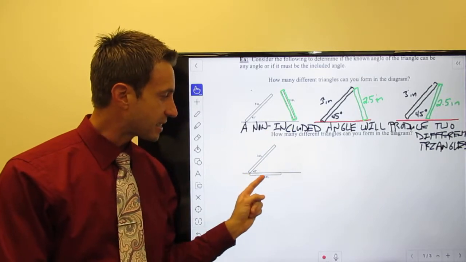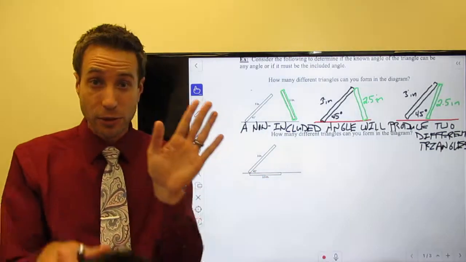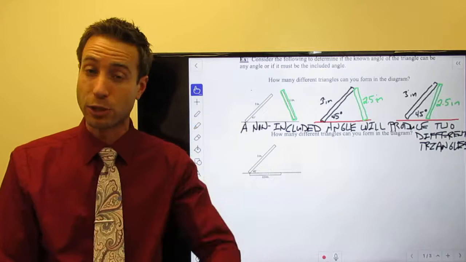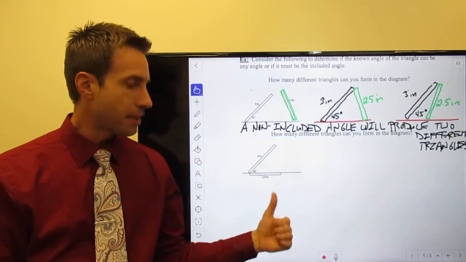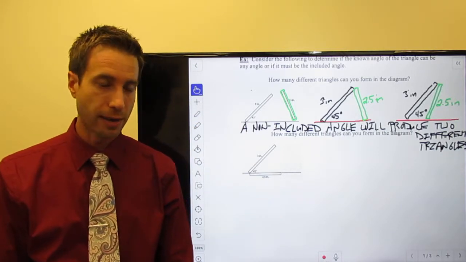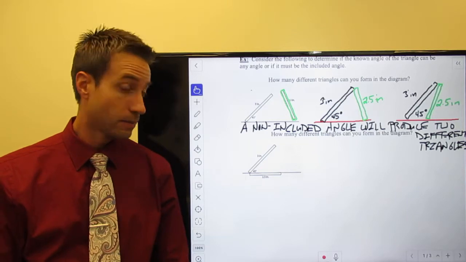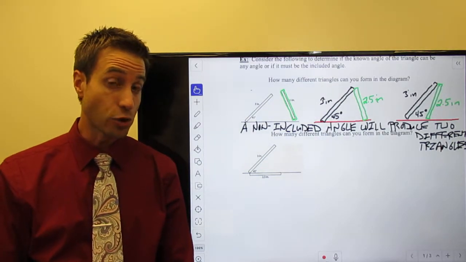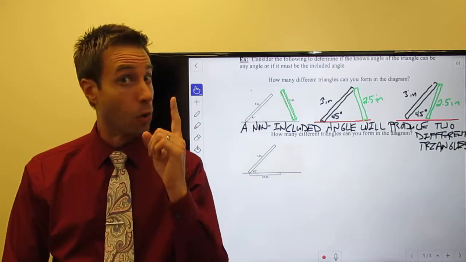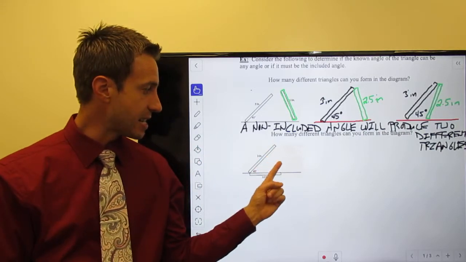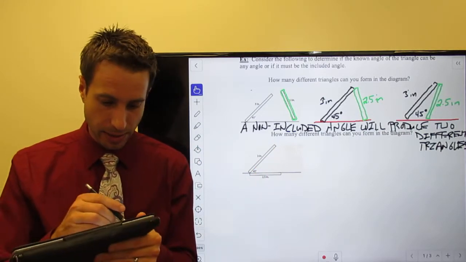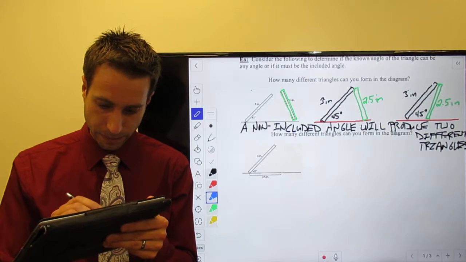If I put that 2.5 inch side so that my 45-degree angle is between my two sides, how many different triangles can I draw here? Yeah, there's only one way to connect those two sides, and it's with this guy right here.